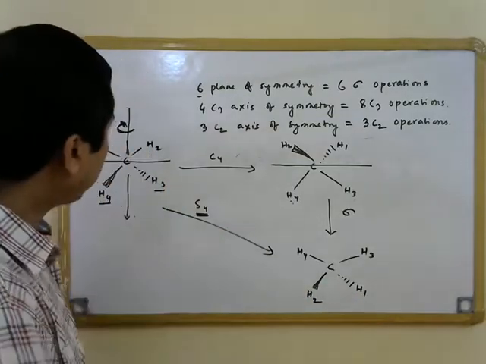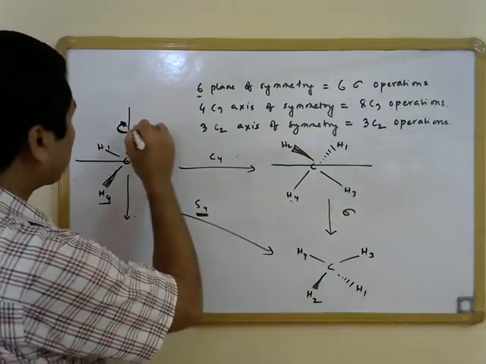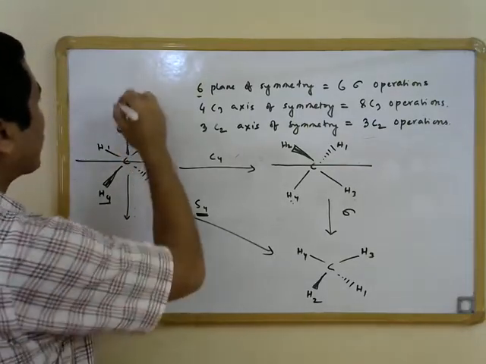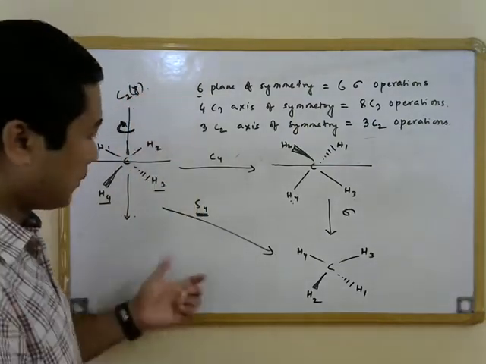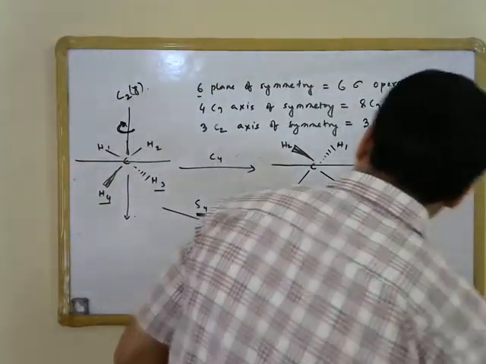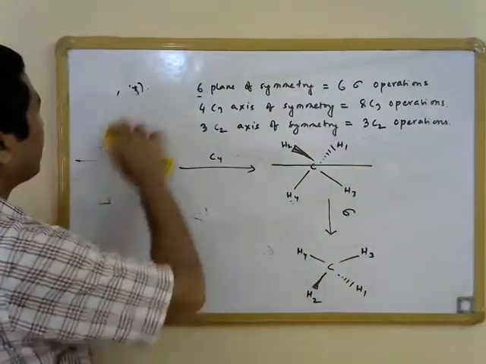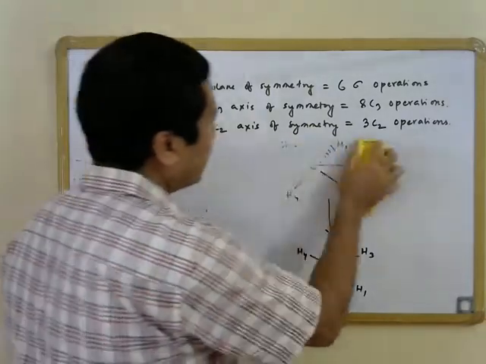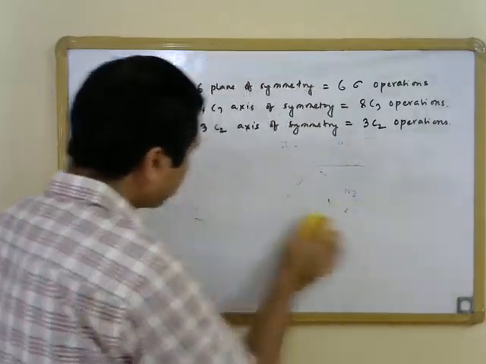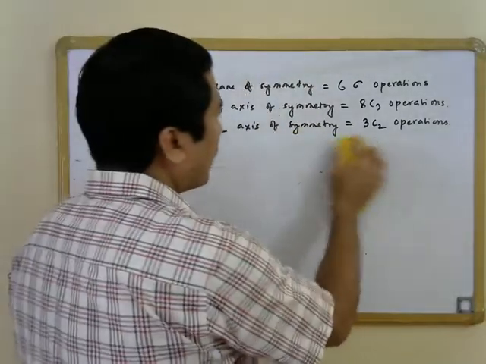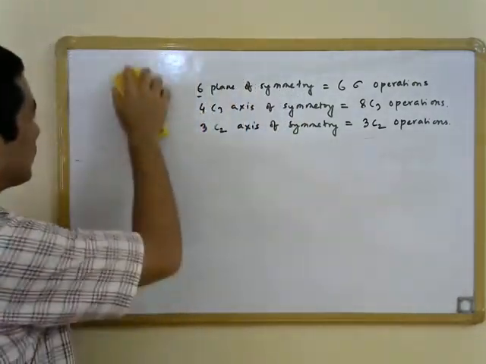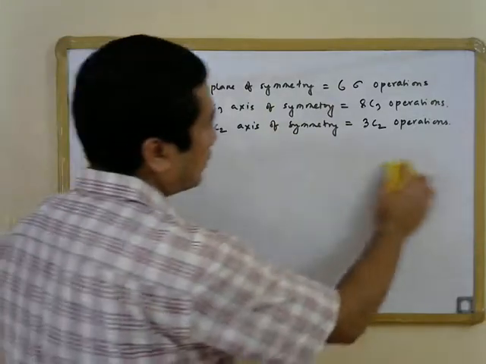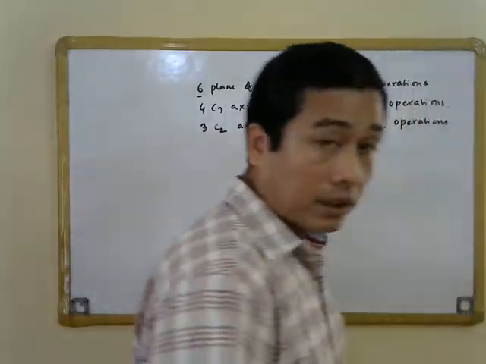So we have an S4 axis of symmetry, and this S4 axis of symmetry is collinear to the C2 Y axis of symmetry. As we have already seen, in the case of the tetrahedron we have three C2 axes of symmetry, and what we have found now is an S4 axis of symmetry which is collinear to one of the C2 axes of symmetry in the tetrahedron.